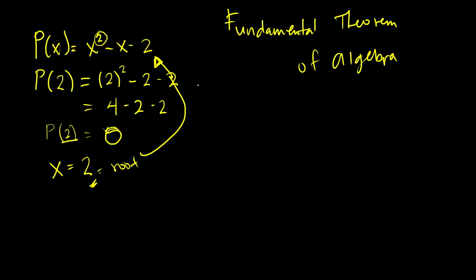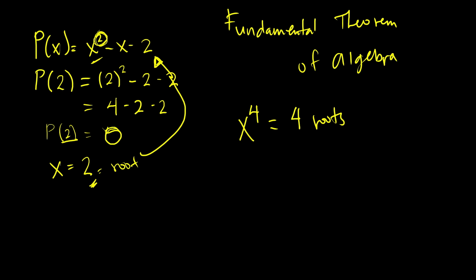So if the highest exponent you see is x raised to 4, then according to the fundamental theorem of algebra, the number of roots is also 4. Here, the highest exponent is x squared, so we will only get two roots. Again, whatever the highest exponent is, that is how many roots, or values of x that give 0, we will get.